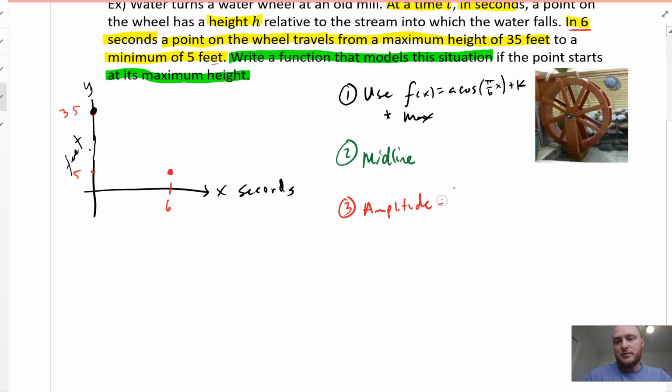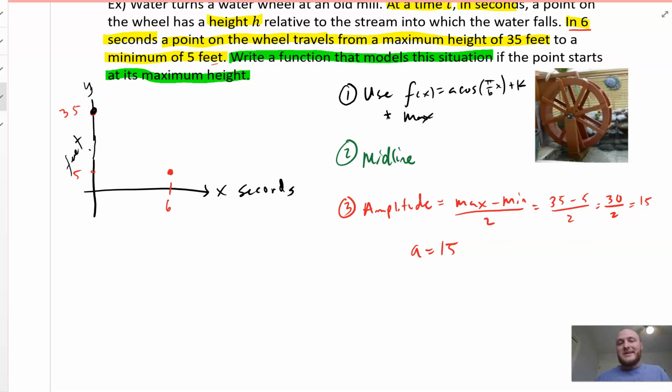Amplitude is the maximum minus the minimum, cut in half. Since our max is 35 and our min is 5, that's 30 divided by 2, which is 15. So I know that our amplitude is 15, and the a value is positive because we're starting at a maximum.